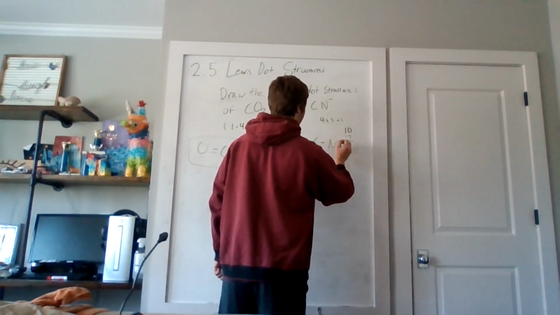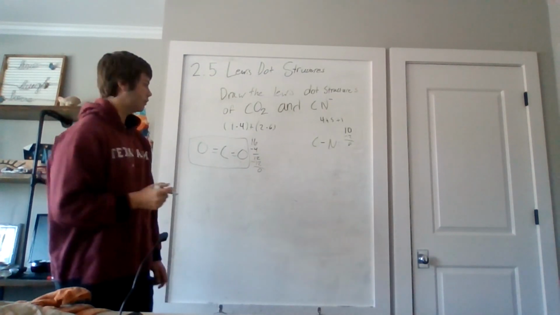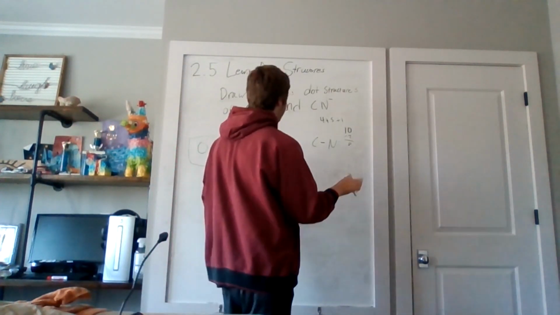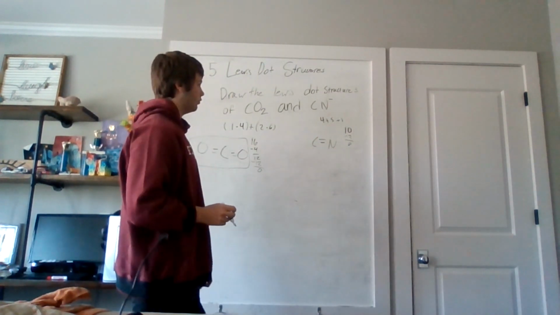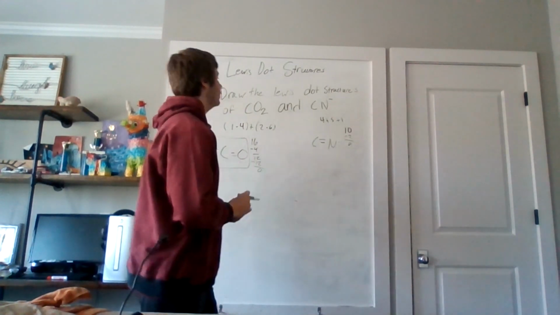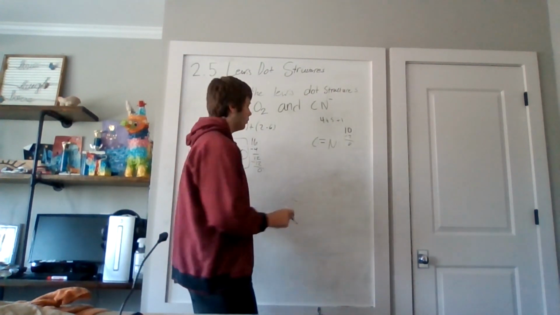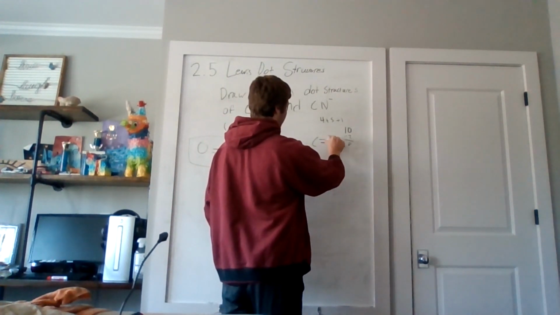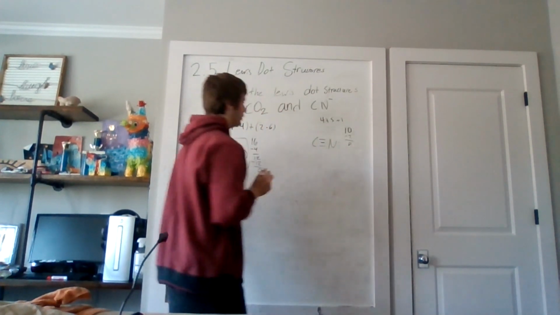Unfortunately, 8 does not satisfy both atoms. So we can get rid of a pair and turn it into a bond, but carbon is still left without a pair. So we have to get rid of another one from nitrogen and form a triple bond.